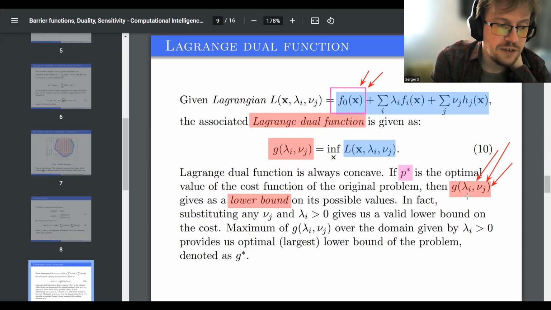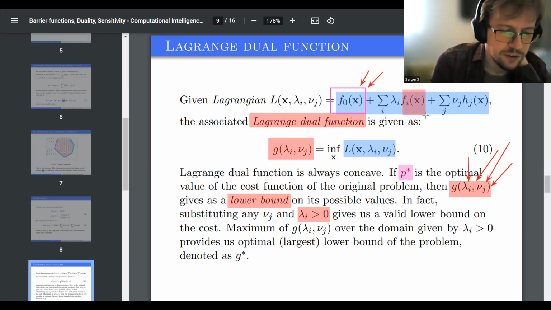But since it is concave, it has a maximum. So this function will have a maximum. And by the way, we are only allowed to use lambdas which are positive. We're not allowed to use negative lambdas. This has to do with the fact that the inequality constraint function is negative, so lambda has to be positive.